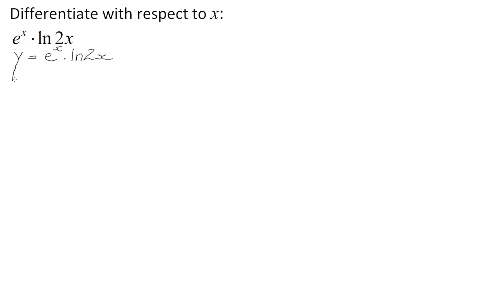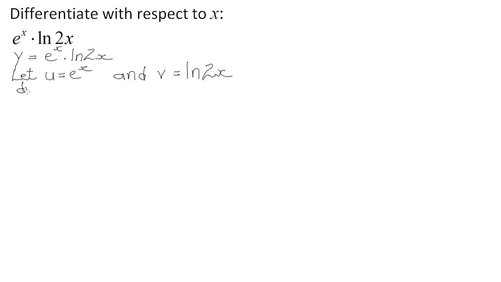So we start by letting u be equal to my first expression, which is exponential, and v be equal to my second, which is logarithmic. I think you can clearly see we've dealt with this already.